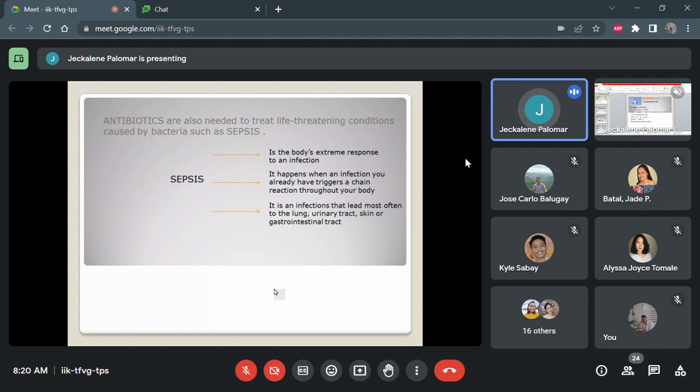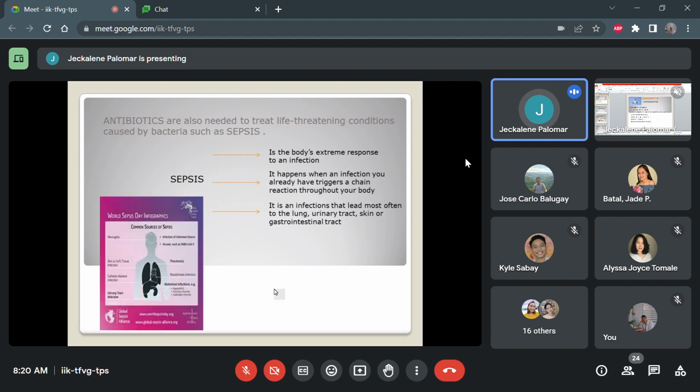It is most often an infection in the lungs, urinary tract, skin, or gastrointestinal tract. So look at the pictures. These are the common sources of sepsis. Either in the brain, meningitis.